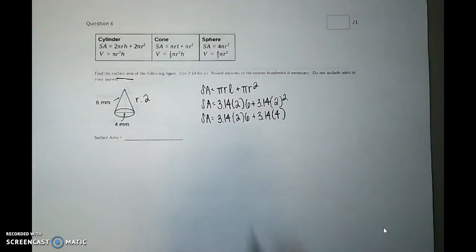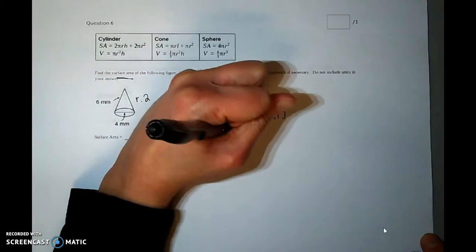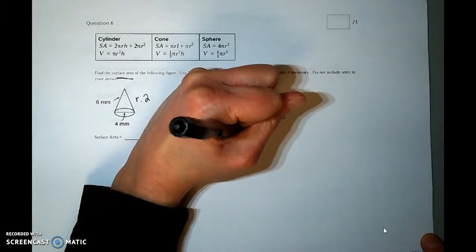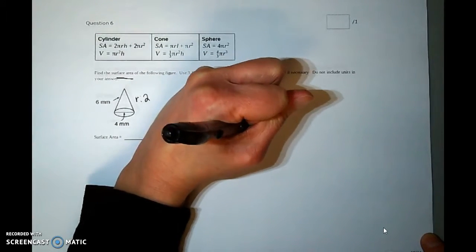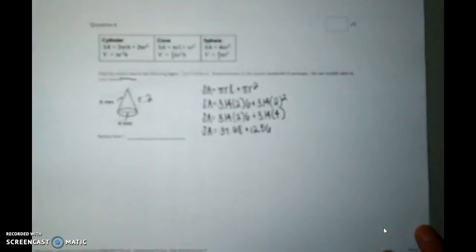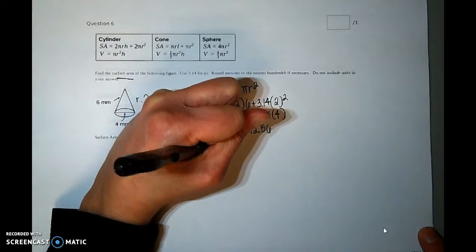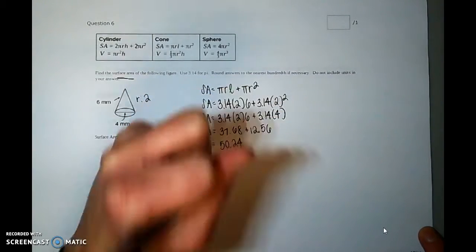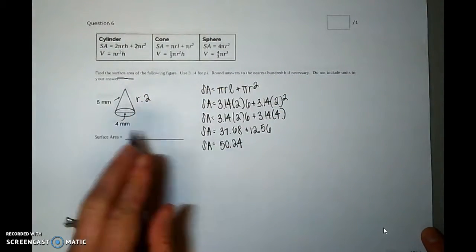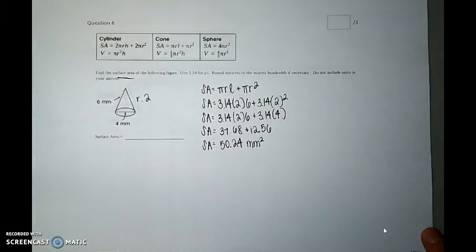My first set of numbers, 3.14 times 2 times 6, is going to give me 37.68. My second two numbers gives me 12.56 when I multiply them. And so then I want to add my numbers together, and I get a surface area of 50.24. So we're just doing order of operations once we plug in. And because I'm finding surface area, units are in millimeters squared.